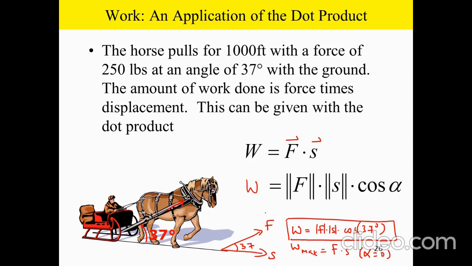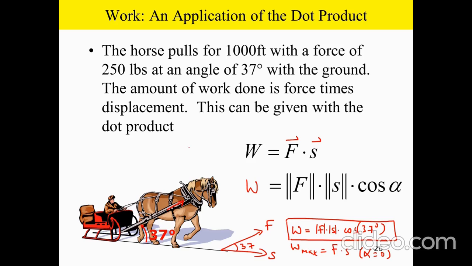From here you can realize that the maximum work done will be when this cos value is 1, and so alpha has to be 0, so along the same line as the displacement. Similarly, there are other terms in physics like power, where you again have to use the dot product.